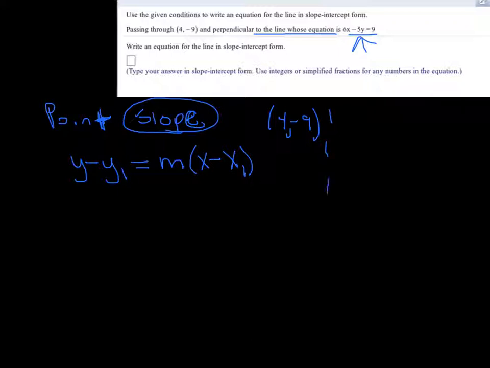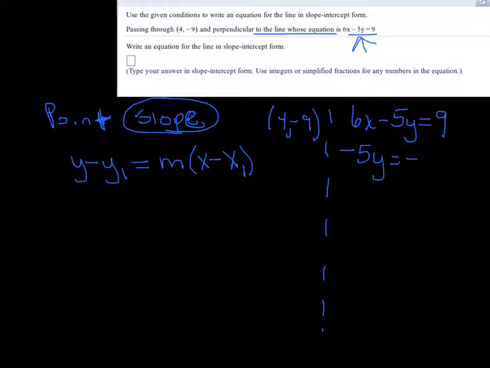The easiest thing to do is to take the line they've given, 6x minus 5y equals 9, and put it in slope-intercept form. Basically, that means solve it for y. You're going to get y on one side by itself.